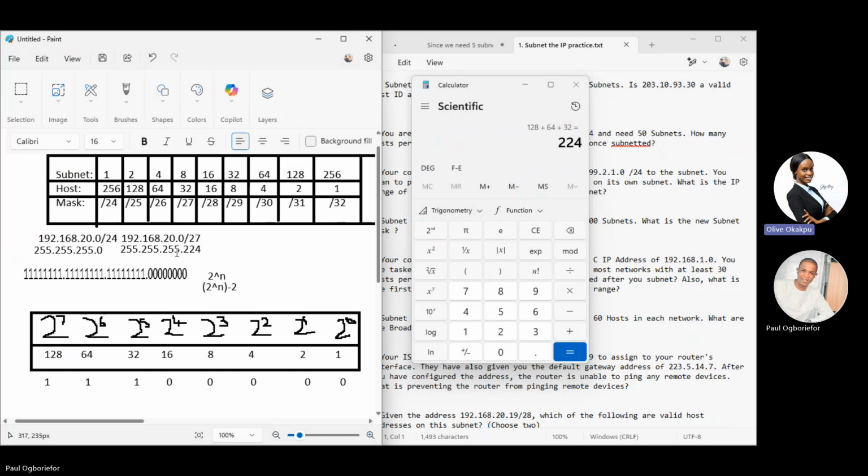But wait, first let me calculate it. How many zeros are you borrowing? I'm borrowing 2. So what would be the CIDR notation, the subnet mask? That is 128 plus 64. Perfect. That's 192.